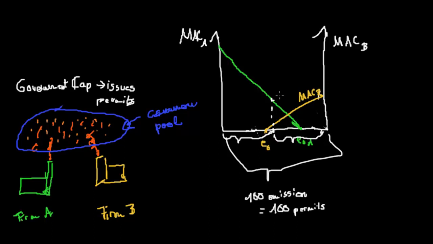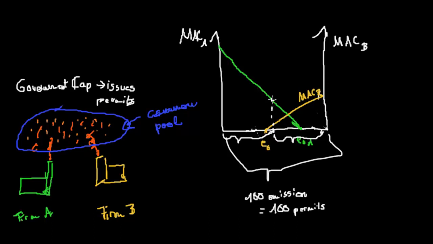Now both firms have the incentive under this scheme to trade or start trading their emissions, because firm A, as we can see, faces a higher cost of abating its emissions than does firm B at the current state.